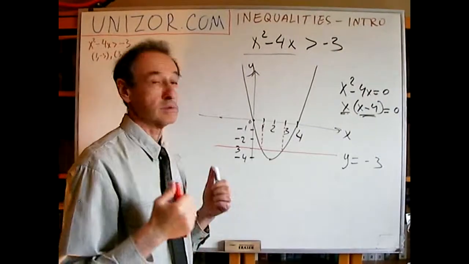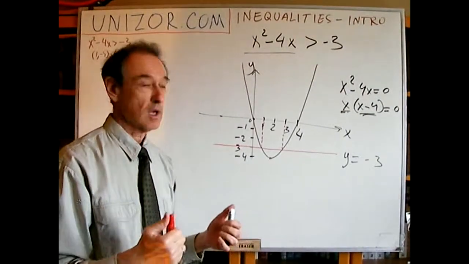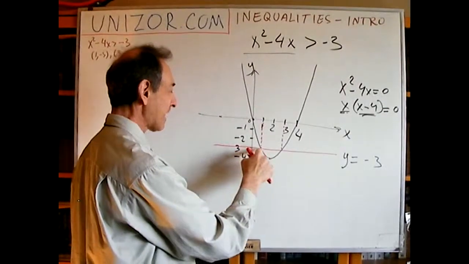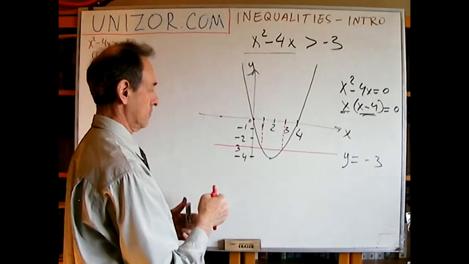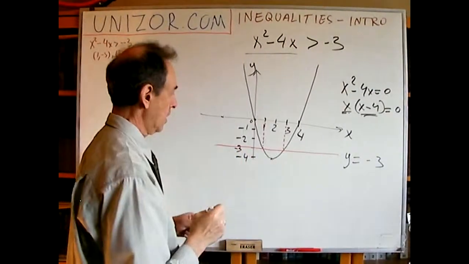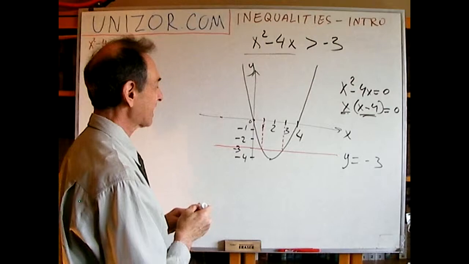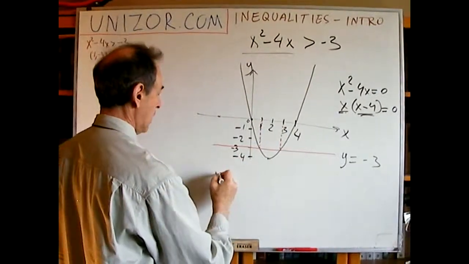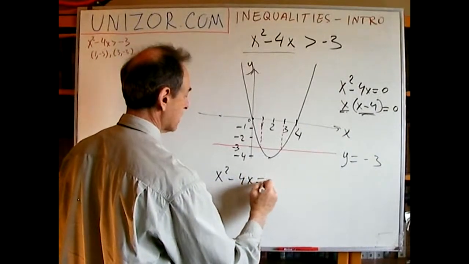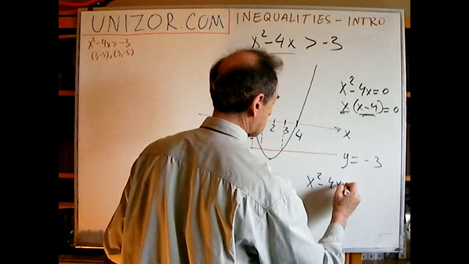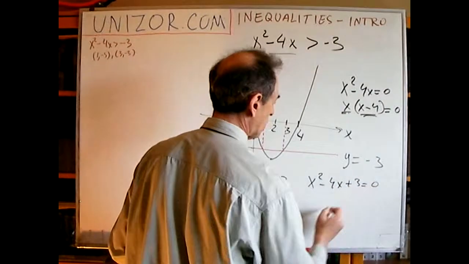Well, let's do it exactly, not 'looks like'. How to do it exactly? My question is, when the parabola is exactly equal to minus 3, at what x? Well, let's just solve the equation. x squared minus 4x equals minus 3, or x squared minus 4x plus 3 equals 0.